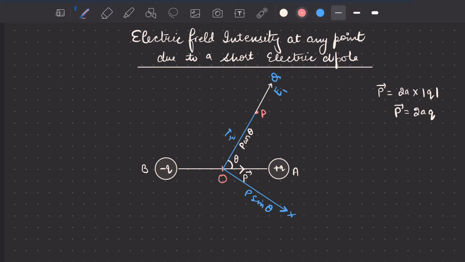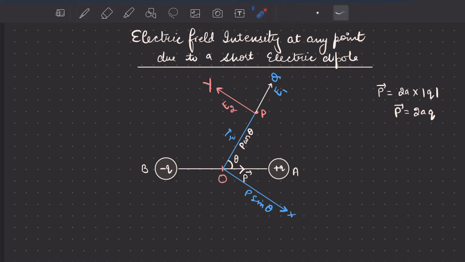Also, this point of observation P is lying along the equatorial line of component p sin theta. Therefore, the electric field intensity will act along the PY direction, and I will mark this electric field intensity as E2.